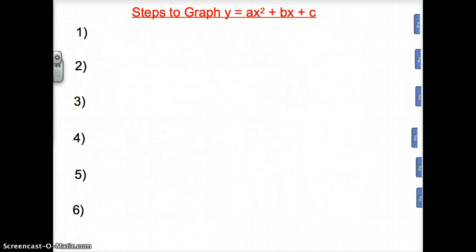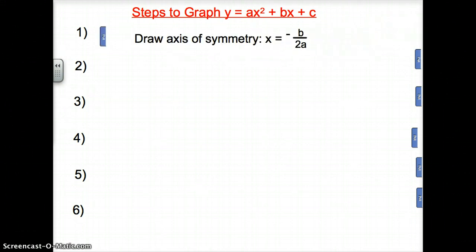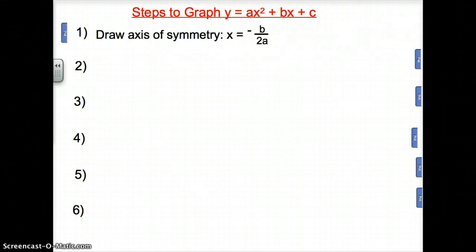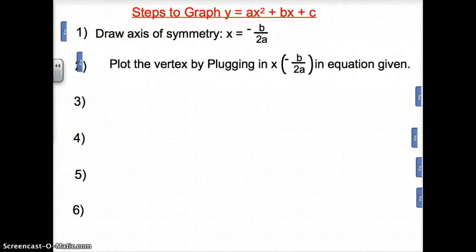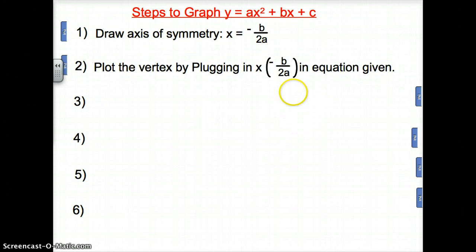So let's cover our steps real quick. The first thing we did to graph y equals ax squared plus bx plus c is draw the axis of symmetry. That was x equals negative b over 2a. Next step is to plot the vertex by plugging in x. You plugged this in for your x, and that gave you a y.